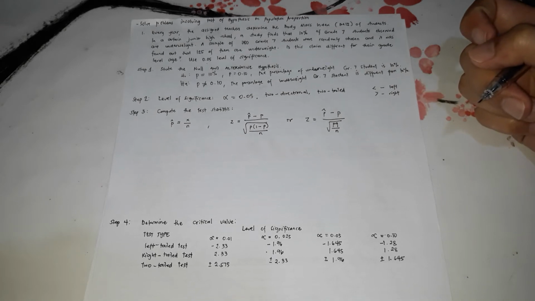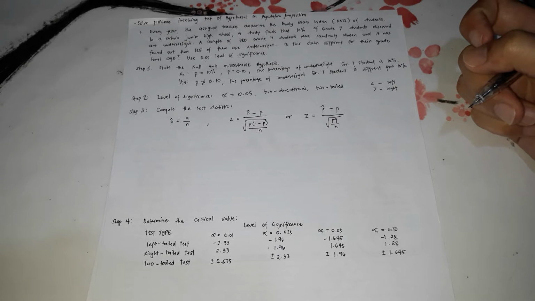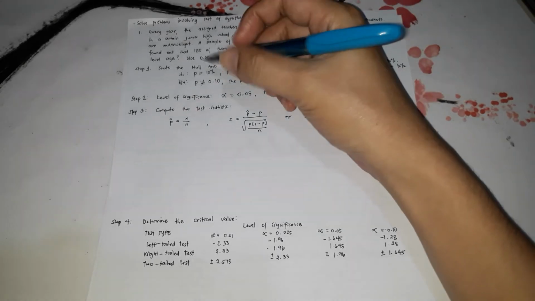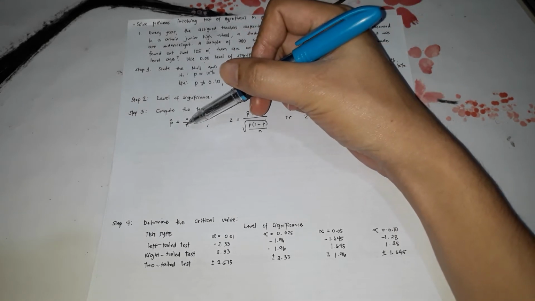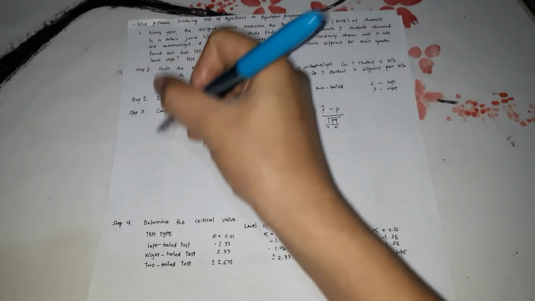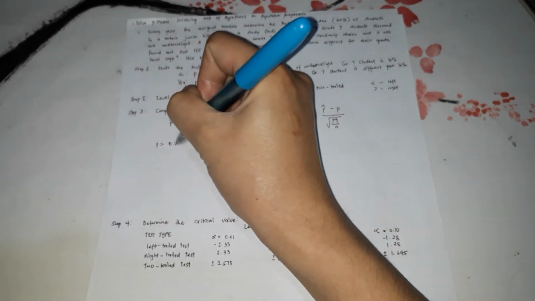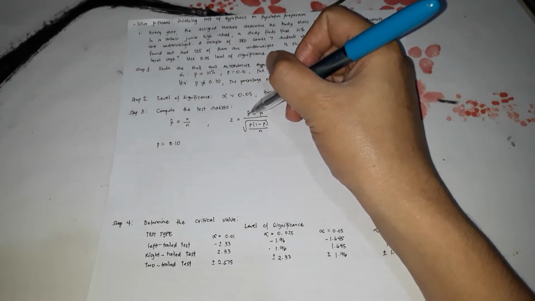For step 3, we're going to compute the test statistic. The first thing we're going to do is compute the sample proportion. The population proportion P is equal to 0.10, which is given. We're going to solve for the sample proportion, or P hat.